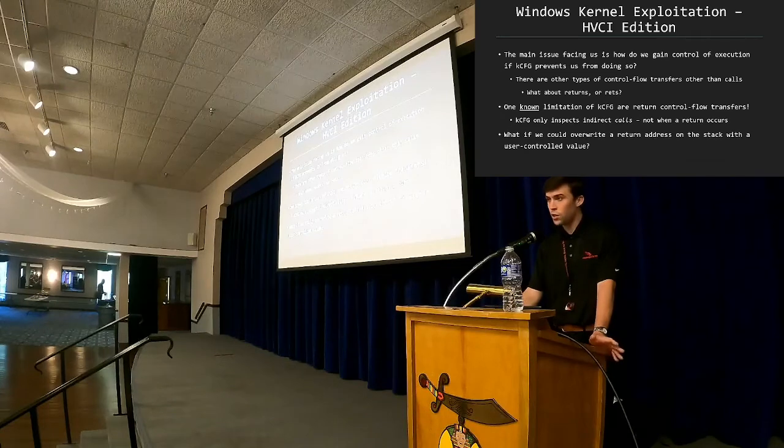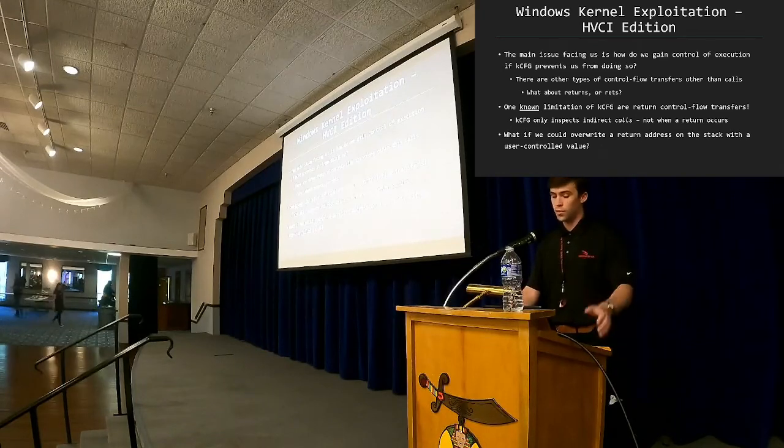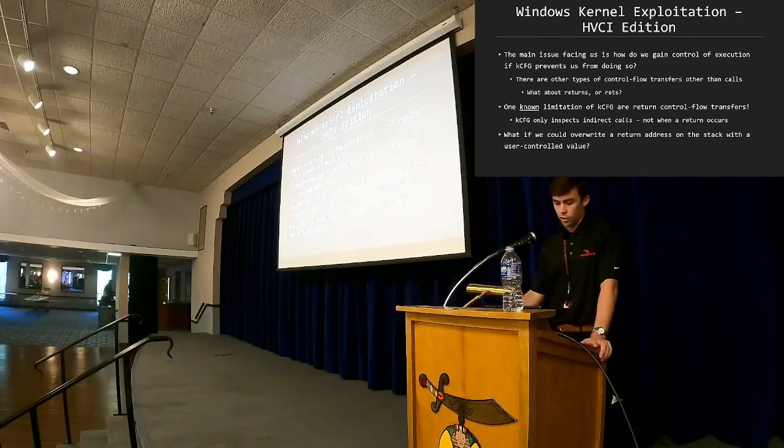Well, as I mentioned, it's used to return execution somewhere, so it's also used in a control flow transfer. One of the known limitations of CFG in general is return or backwards edge control flow transfers. Kernel control flow guard only investigates forward edge transfers, or calls or jumps. It doesn't investigate returns. So what if we could override a return address on the stack, right?